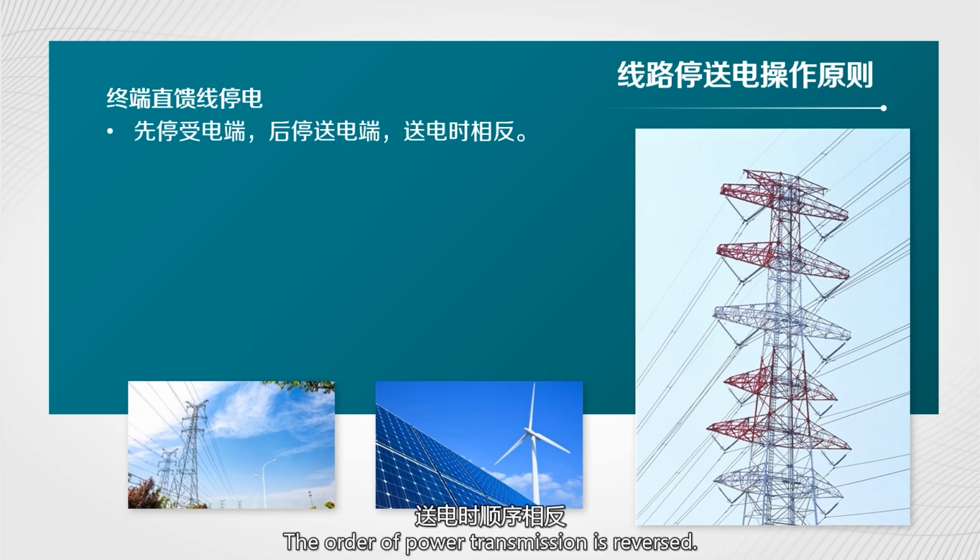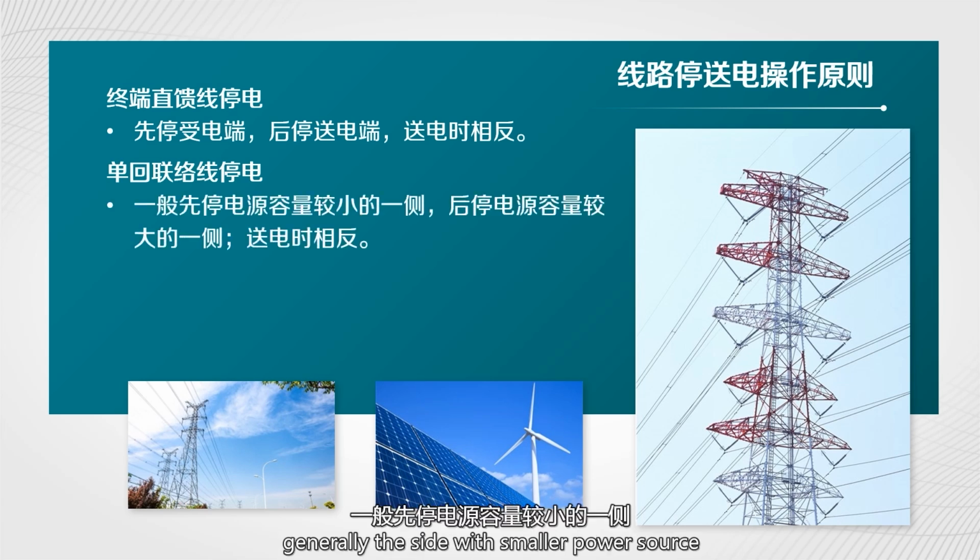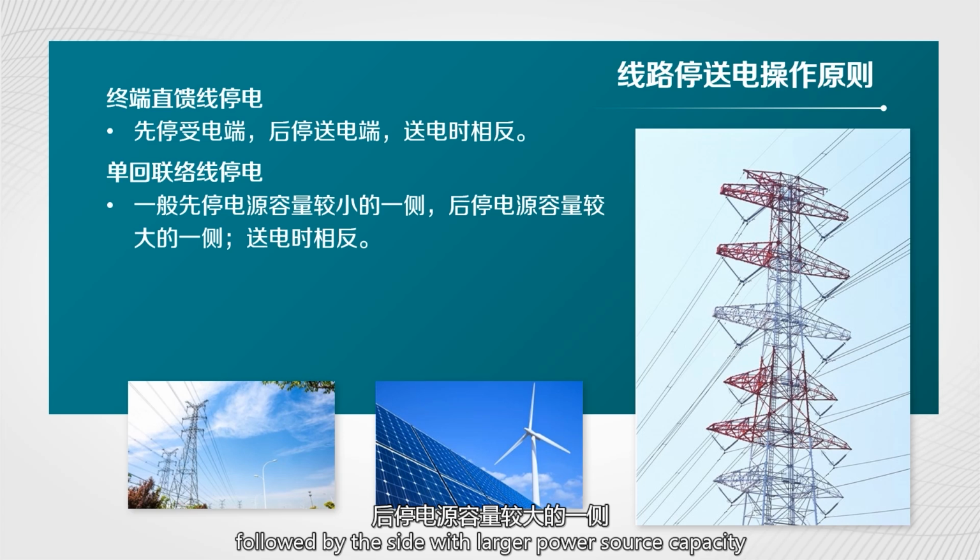The order of the power transmission is reversed. When shutting down a single circuit tie line, generally the side with a smaller power source capacity is stopped first, followed by the side with larger power source capacity. The order of power transmission is reversed.